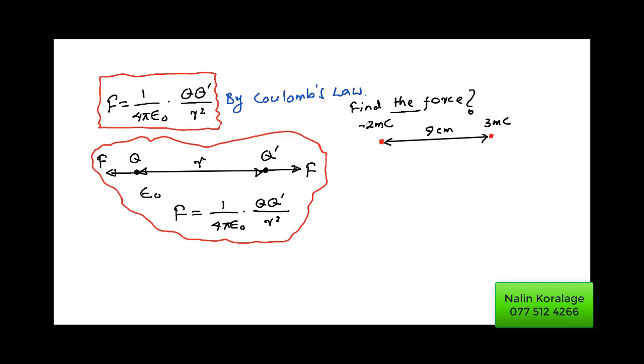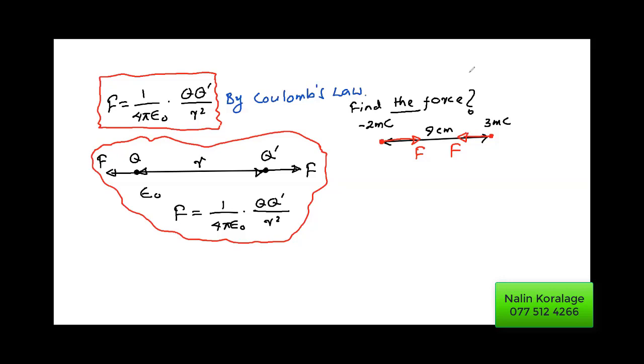Okay, fine. This is going to be minus, that is going to be plus. So the force is going to be attractive, obviously. Let me mark that in red so you can identify. It's going to be that way, and this is also going to be this way, and definitely they both have the same magnitude. Why? Because they are an action-reaction pair.